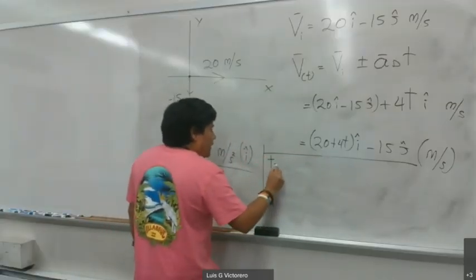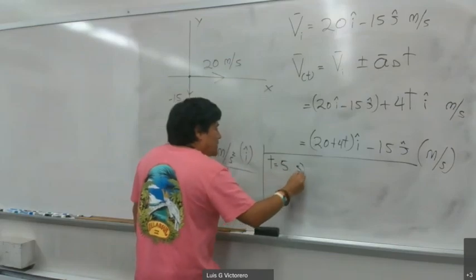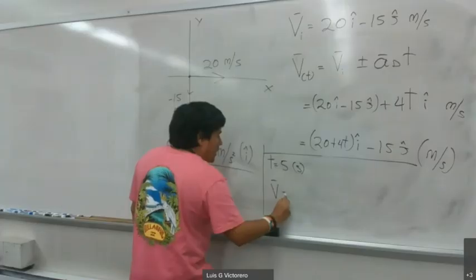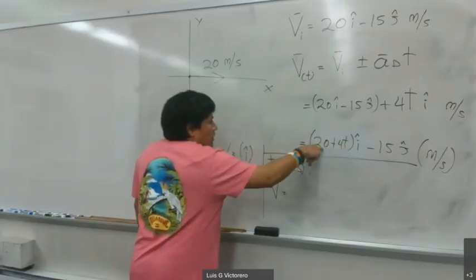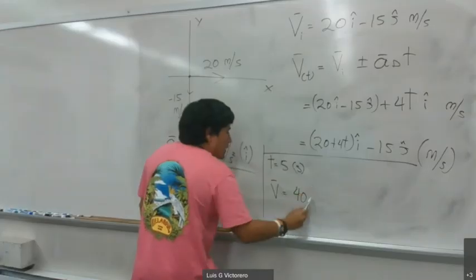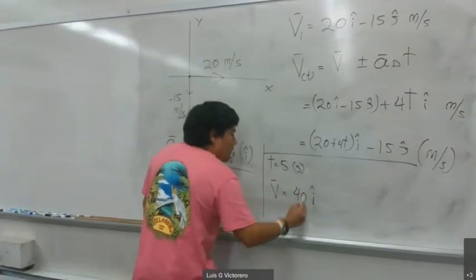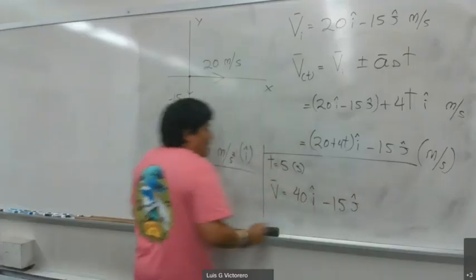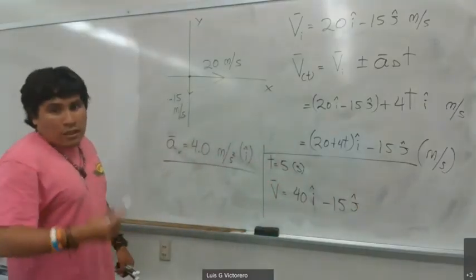For t equals 5 seconds, the velocity will be 5 times 4, 20 plus 20, 40i minus 15j. So that will be the answer.